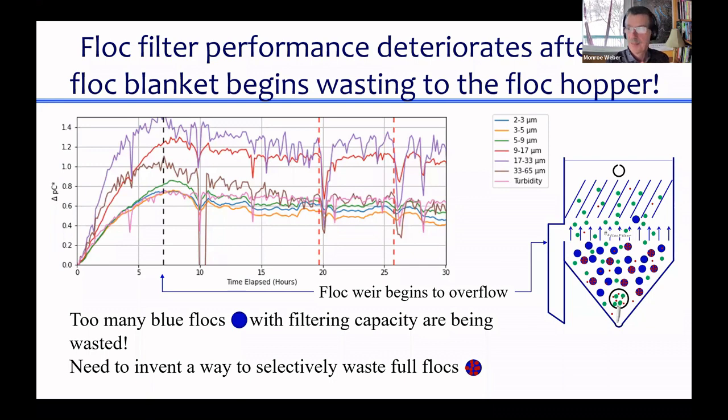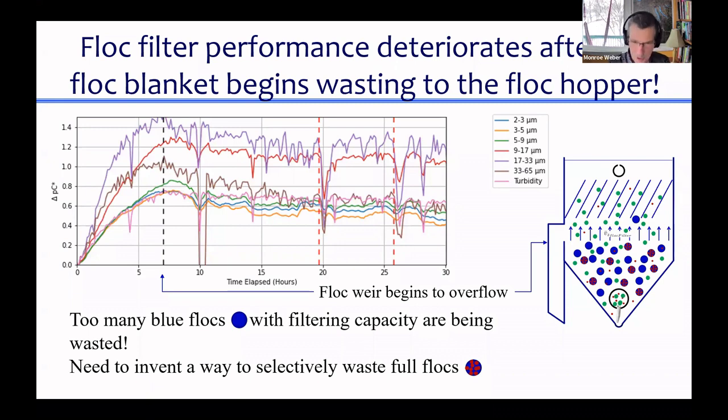So I didn't get rid of all the flock blankets. So anyway, the flock filter is growing, and eventually it starts dumping into the flock hopper. And the moment where it starts dumping into the flock hopper is at like around hour 7.